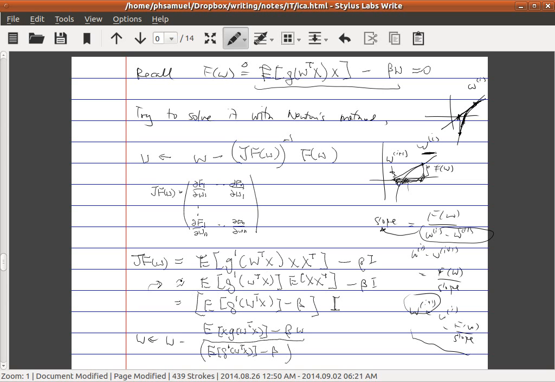Basically, he simplified his algorithm quite a bit by assuming this is true: the expectation of g prime times xx transpose is equal to the expectation of g prime multiplied by the expectation of xx transpose.